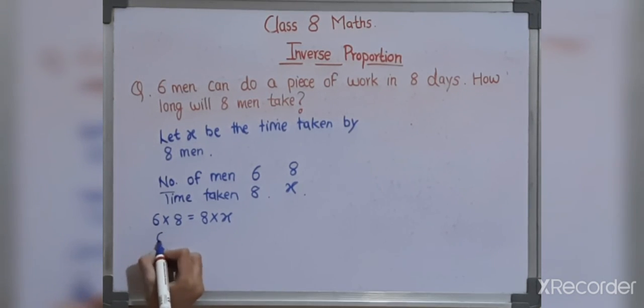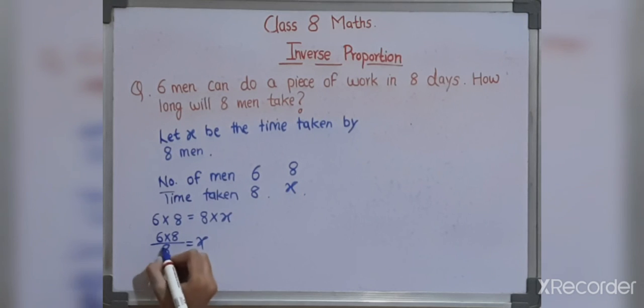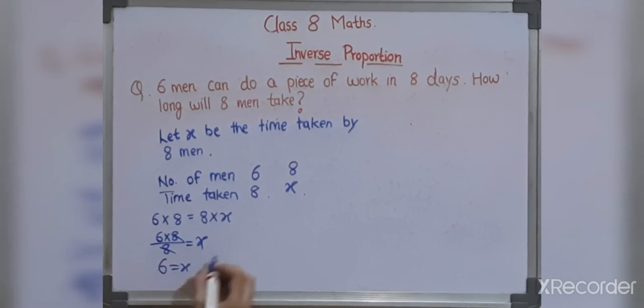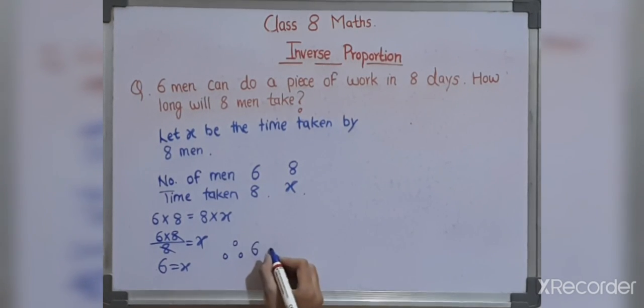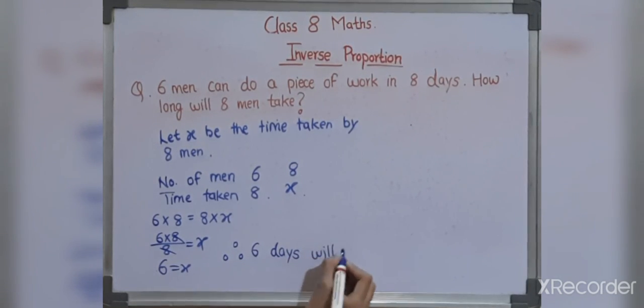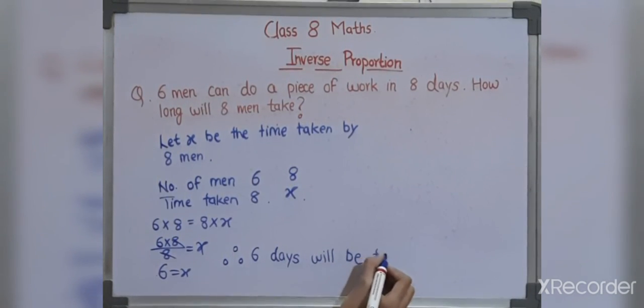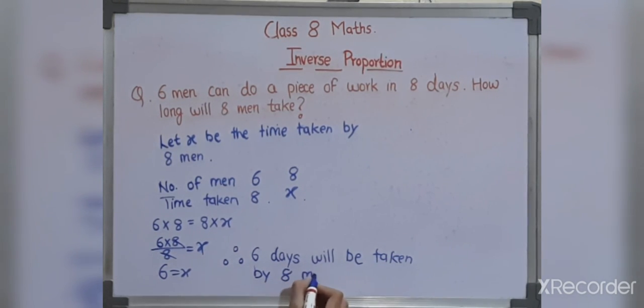So 6 into 8 upon 8 is equal to x. So therefore 6 is the answer. Therefore 6 days will be taken by 8 men. I hope that you understand this question.